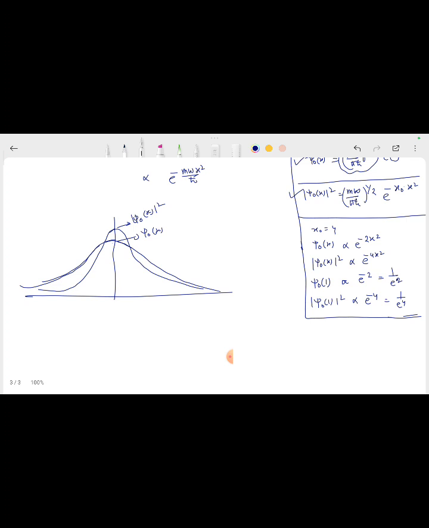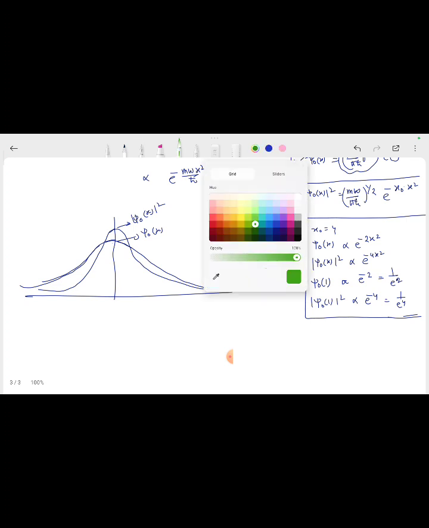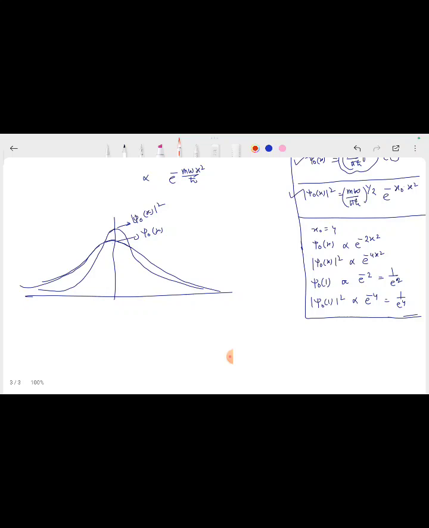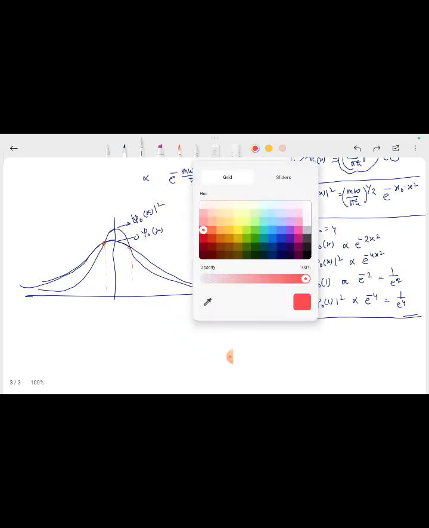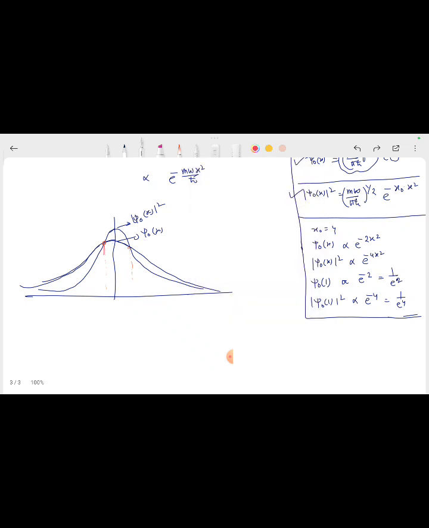But here these two functions cut each other. It means they have the same value at this point, at this x value.